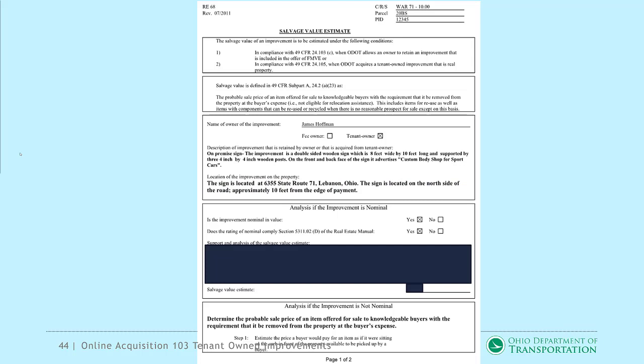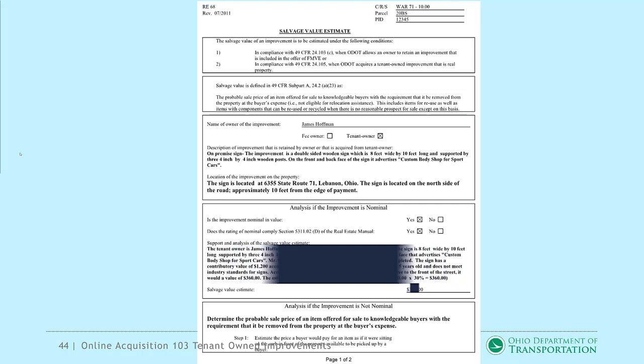The next one analyzes whether the improvement is nominal. If the improvement cost is $10,000 or less, it's considered nominal. If the improvement is more than $10,000, then it is considered not nominal. In this case, it is considered a nominal cost, and then you just identify what you actually did.